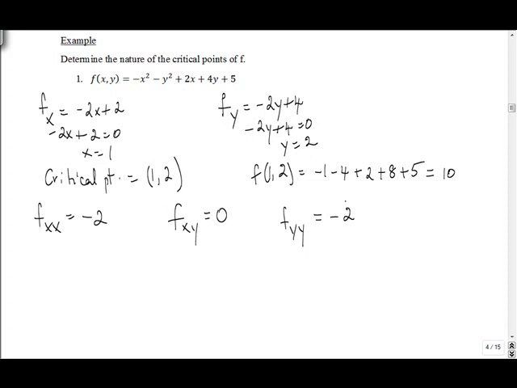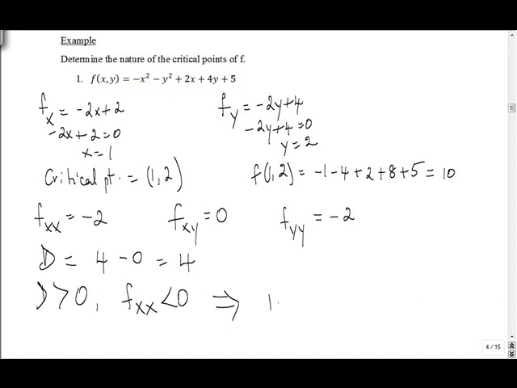Any questions on these second partials? We did these a little while ago. Now let's find D. D is the product of fxx and fyy, which is 4, minus fxy squared minus 0, which is 4. What do we see here? D is positive, fxx is negative, based on the second derivative test.